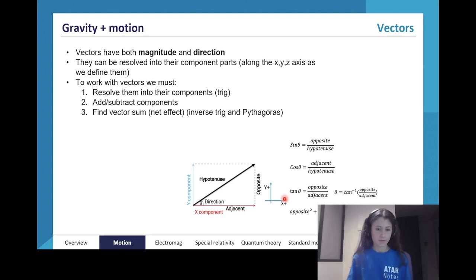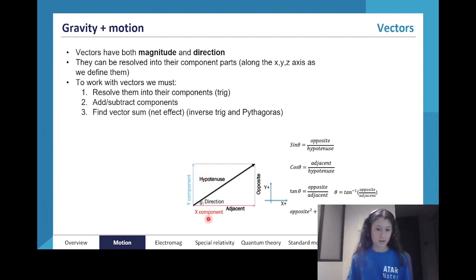So, our vector, of course, forms a right angle triangle with the adjacent and opposite, or rather with the x and y components. So that's why we can use our trig rules.